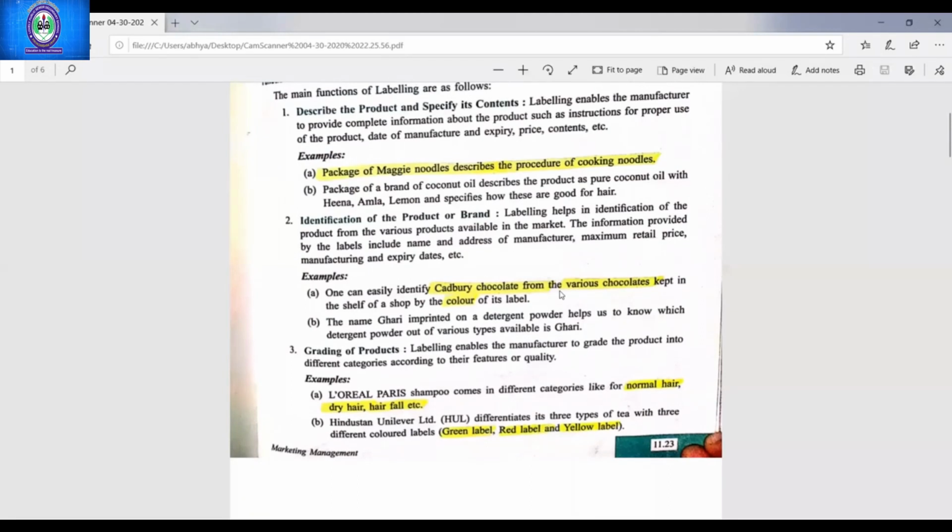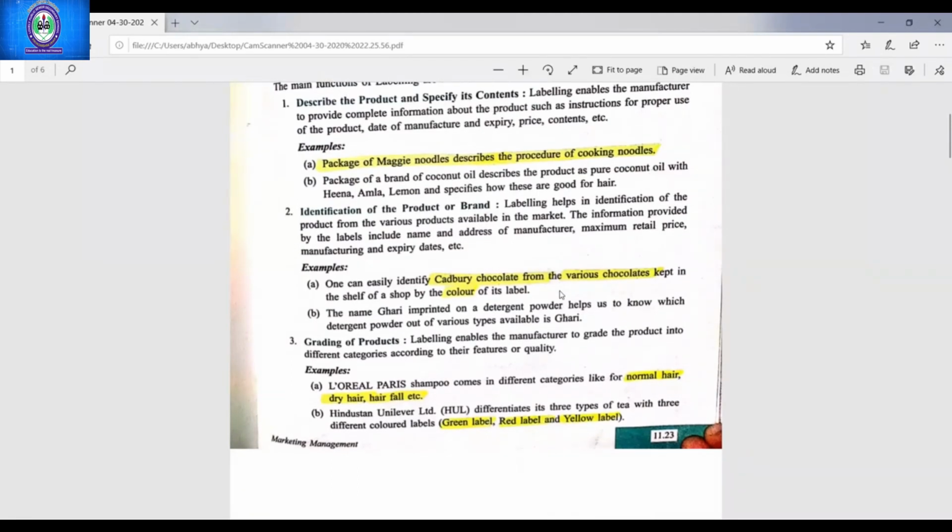First function, describe the product. Second, identification. I told you that in all three things, in branding too it was there, then in packaging too, then in labeling again, because with all these three important decisions we will be able to identify the product.